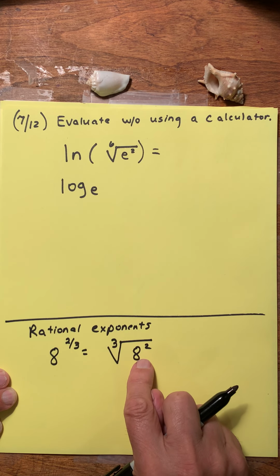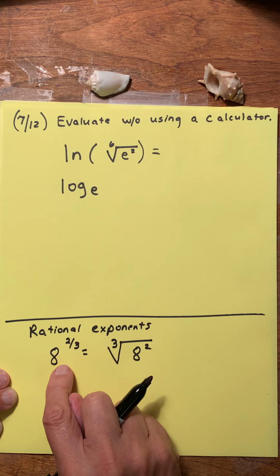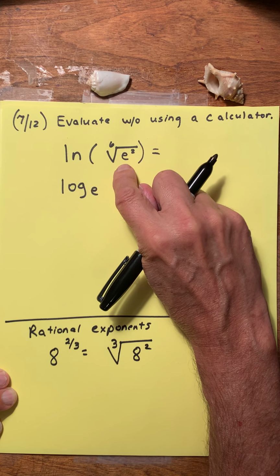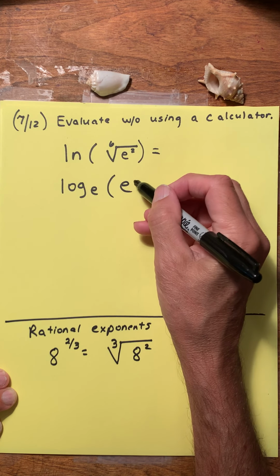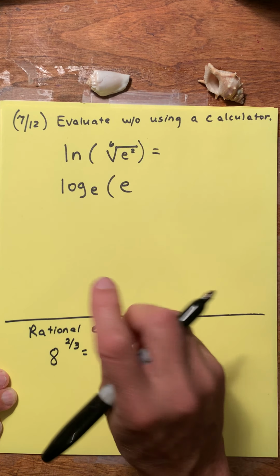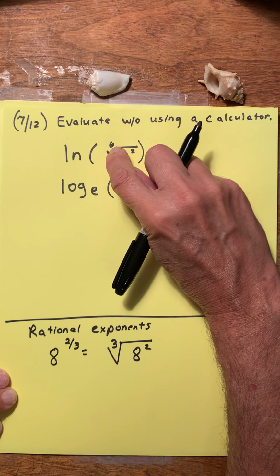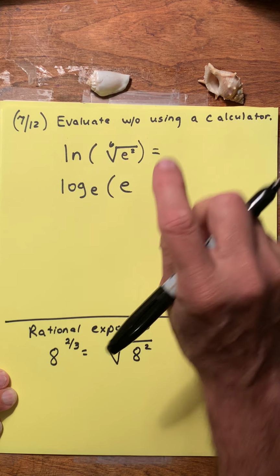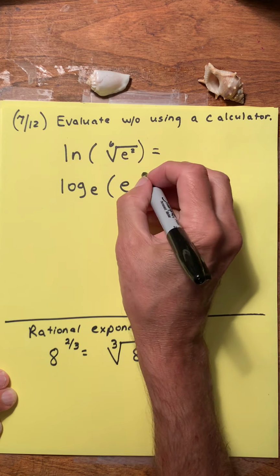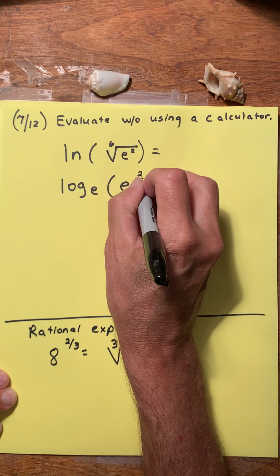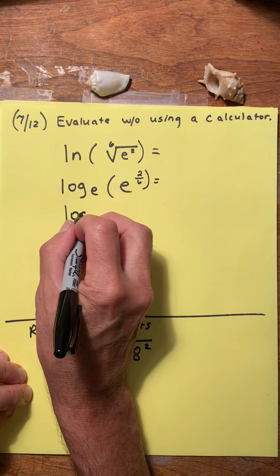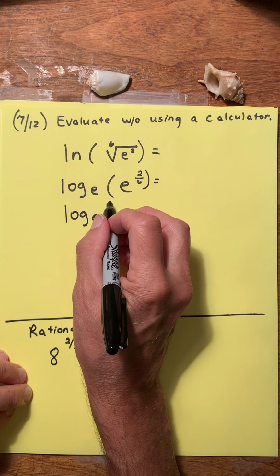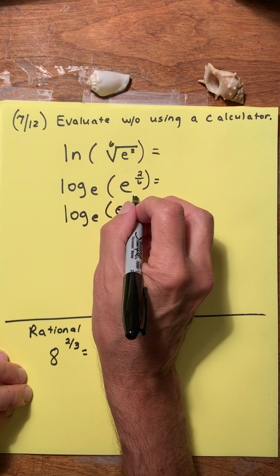So can you look at this, that it's the same as that, and change this expression to e to some fractional exponent? Remember, the index is going to be your denominator. So 2 over 6. That equals log base e of e to the 1/3.